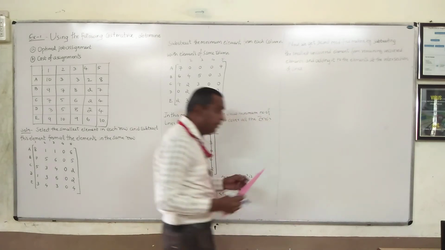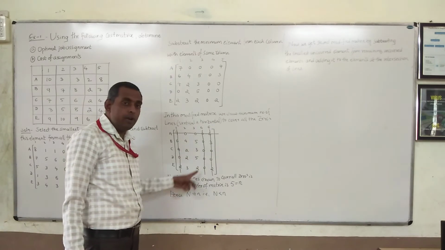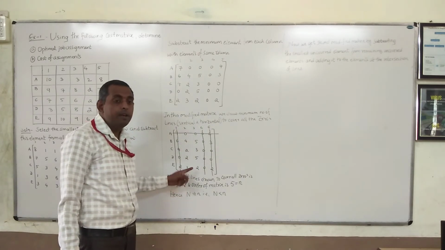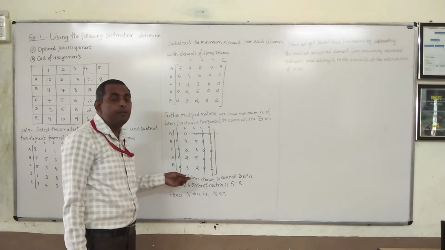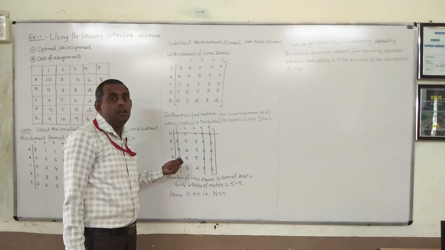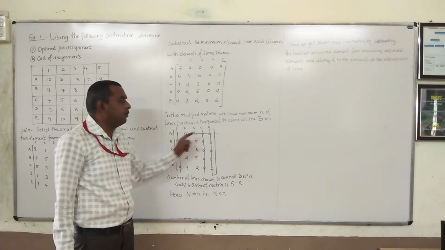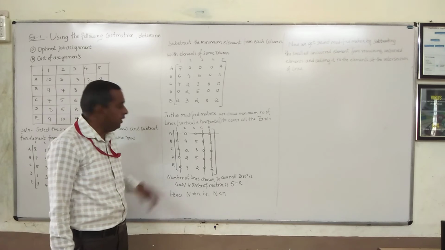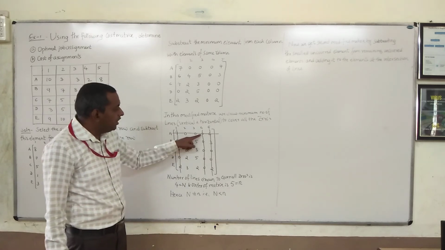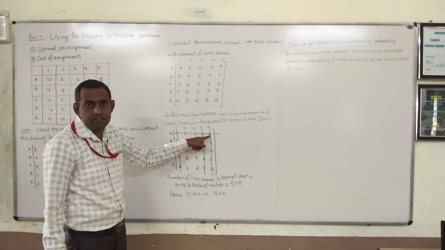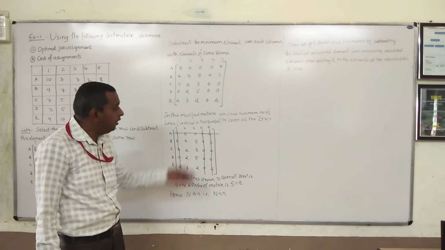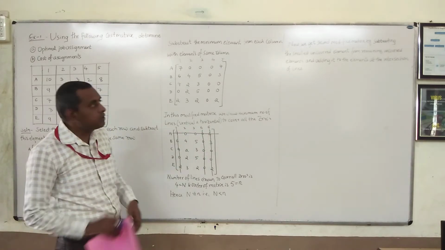So not only finding the smallest uncovered element and subtracting from the remaining uncovered elements, we have to add that smallest uncovered element at the intersection of the lines. Fine. Here it is intersection, here it is intersection, here it is intersection. We have to add that smallest element to the respective cost.